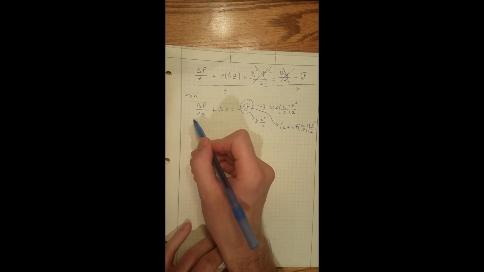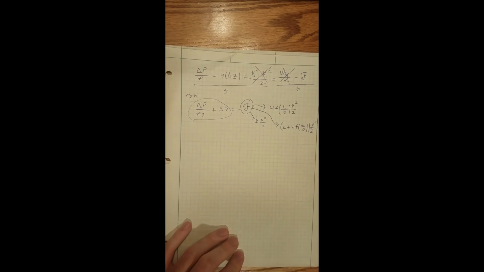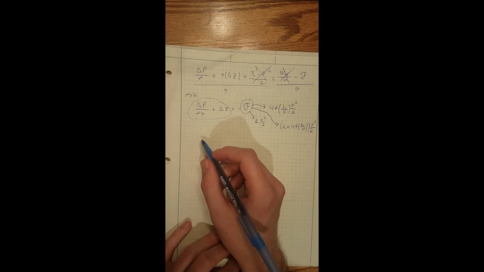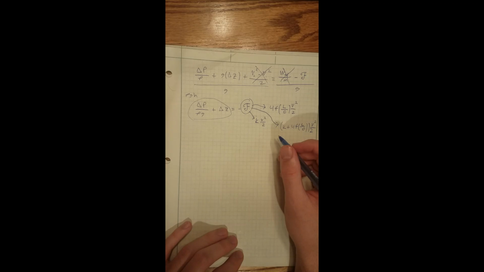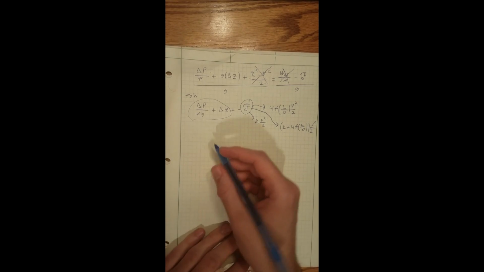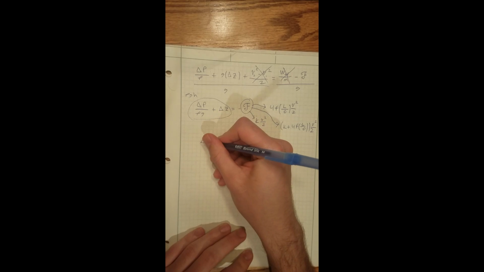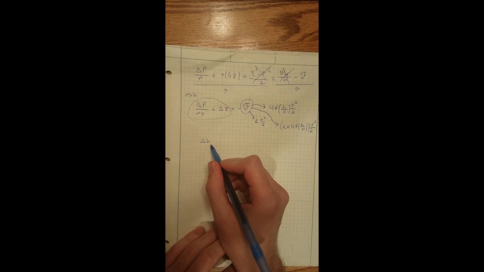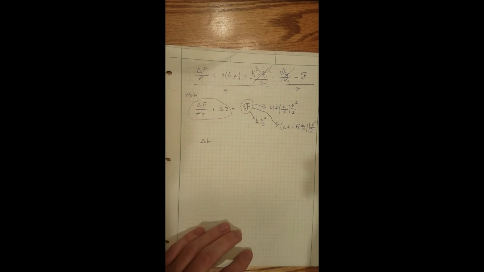So now this term here is our delta head, and from here on I'm going to use lowercase h to represent head, not enthalpy. So 100%, in my case, I'm going to use lowercase h for the head.